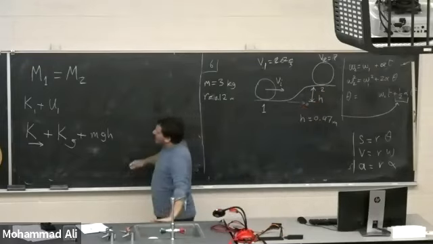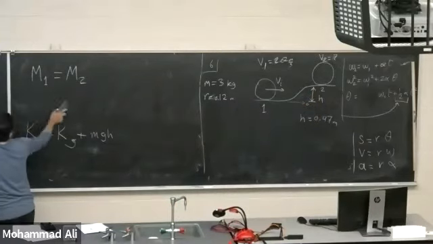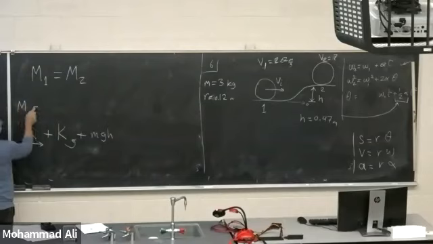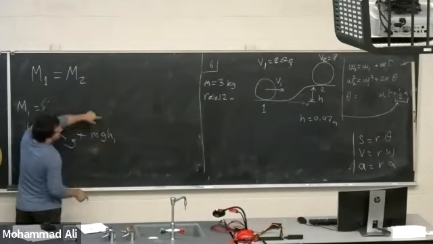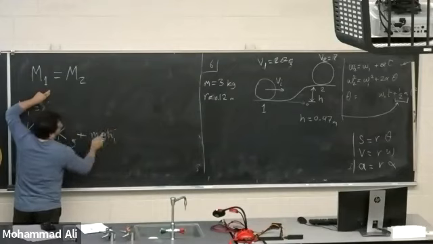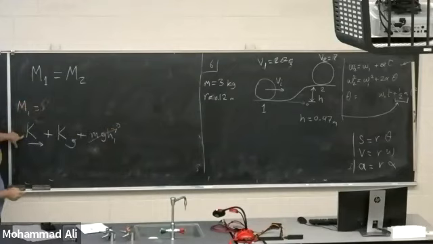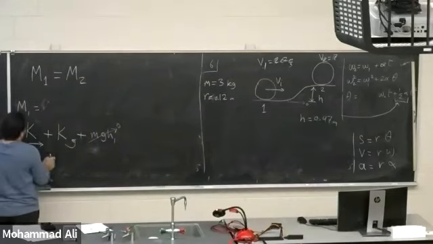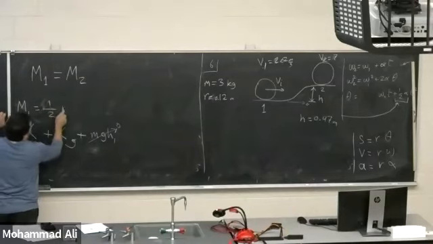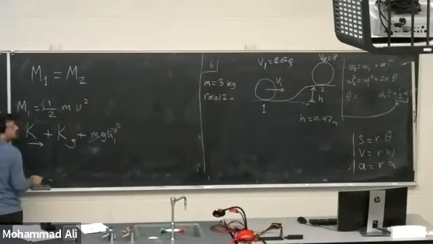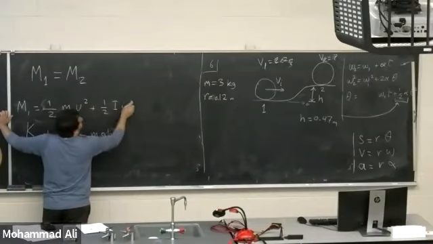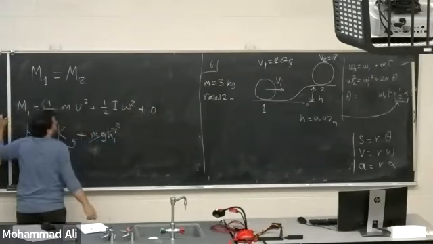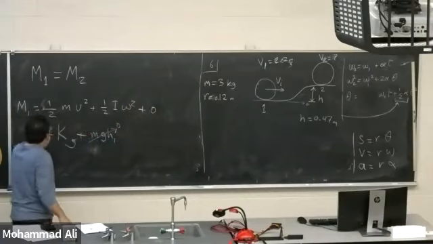So initially, I need to compute the mechanical energy initially. The potential energy h is equal to 0. The kinetic energy, linearly, is 1/2 the mass multiplied by the velocity squared, plus 1/2 I omega squared, plus the potential, which is 0. Okay.